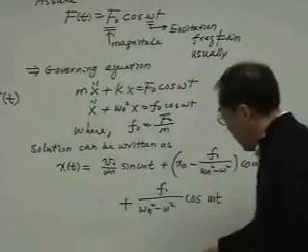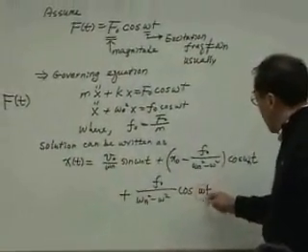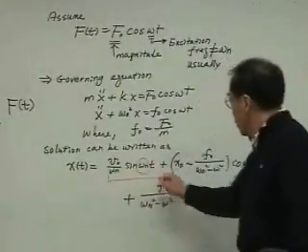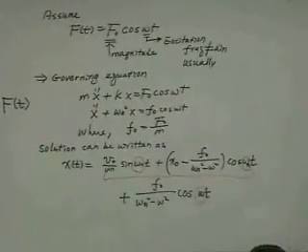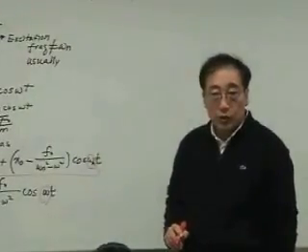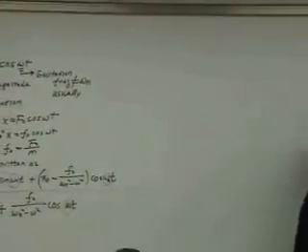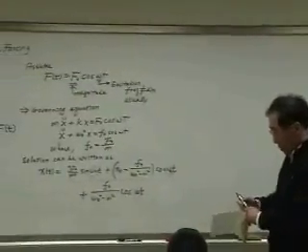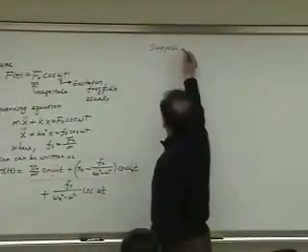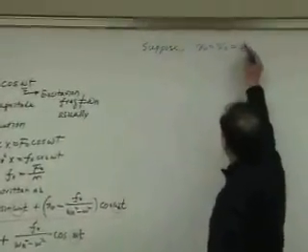Emphasize this: this is omega, this is omega n, and those are due to the initial condition. Suppose the initial conditions x0 and v0 are 0.